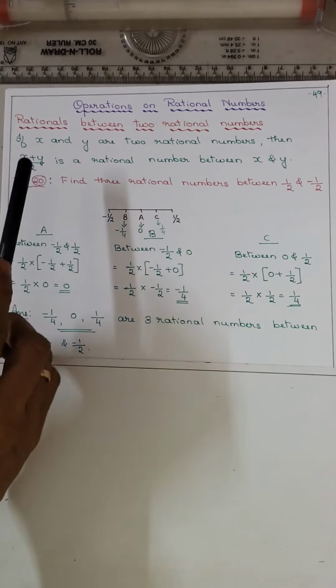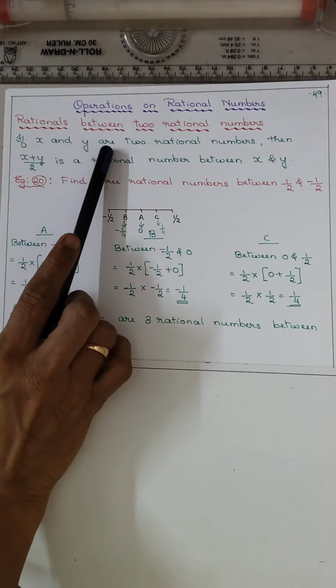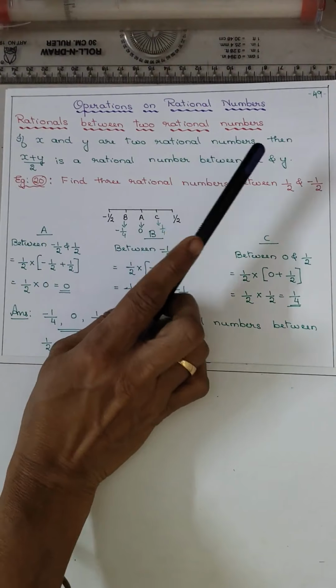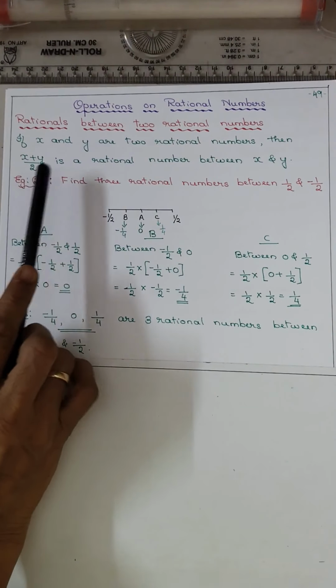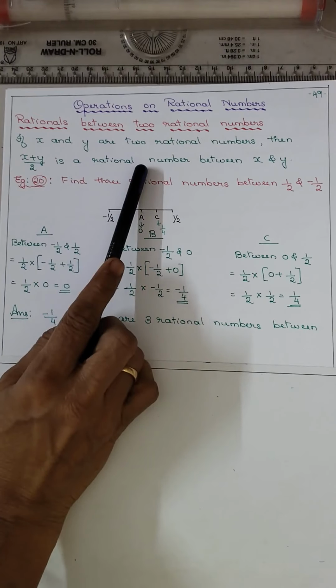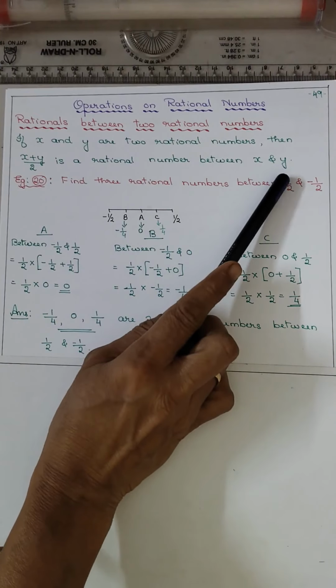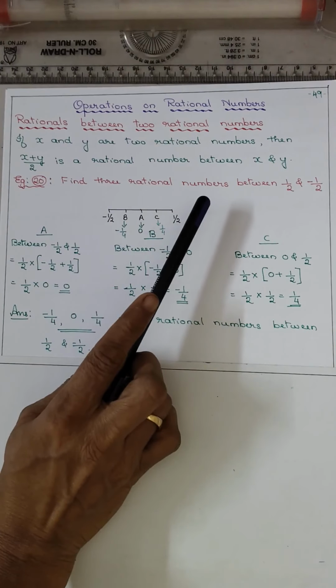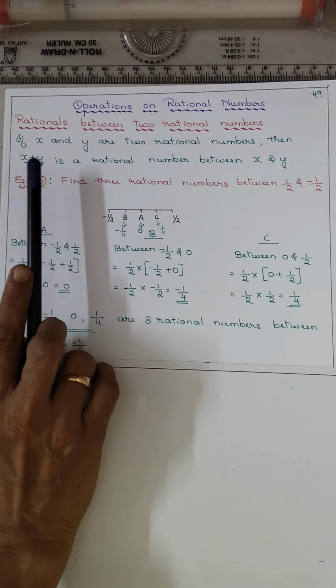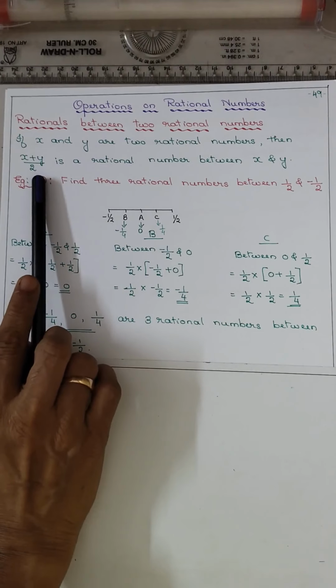So if x and y are two rational numbers, then x plus y upon 2 is a rational number between x and y. The exact number between x and y, how do you find out? It is x plus y divided by 2.